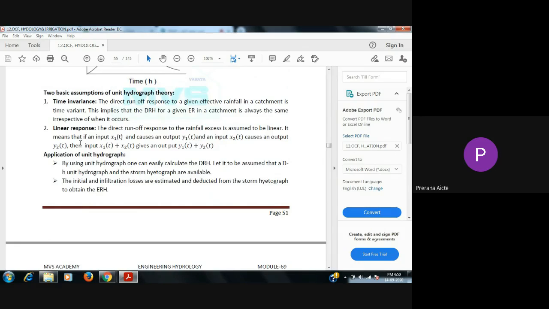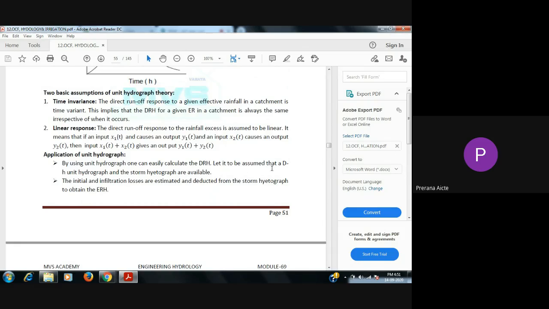The direct runoff hydrograph gives the direct runoff when it is separated from the base flow. If you separate the base flow, the runoff resulting from the surface is called surface runoff. That quantity of water is what is stored in your reservoir or any other system. So the first application of the unit hydrograph is to easily calculate the direct runoff hydrograph.